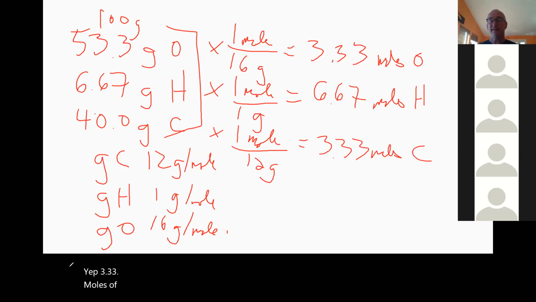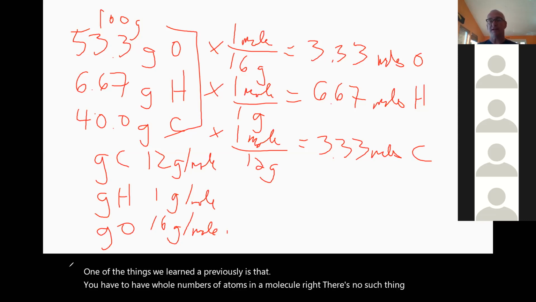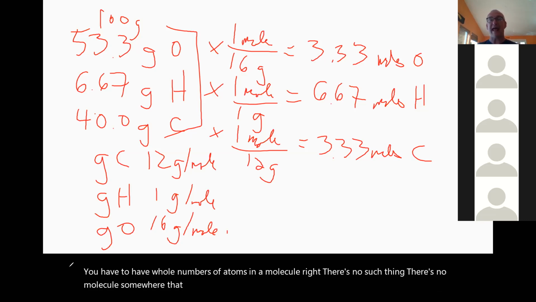Now, as you can see, one of the things we learned previously is that you have to have whole numbers of atoms in a molecule, right? There's no molecule somewhere that has 3 1/3 atoms of oxygen, 6 2/3 atoms of hydrogen, and 3 1/3 atoms of carbon. That's impossible.